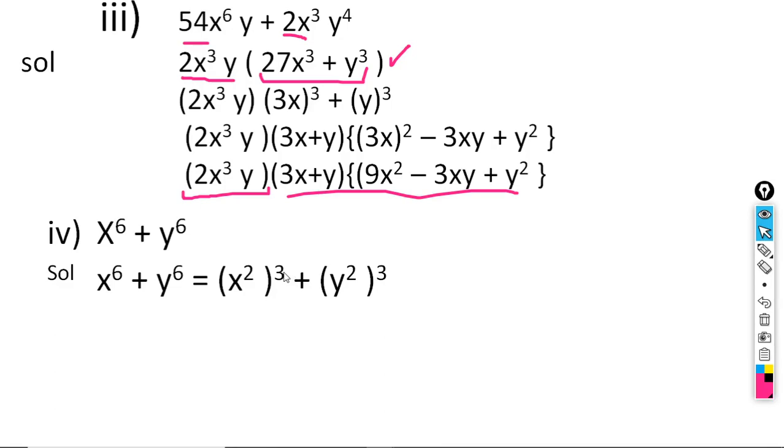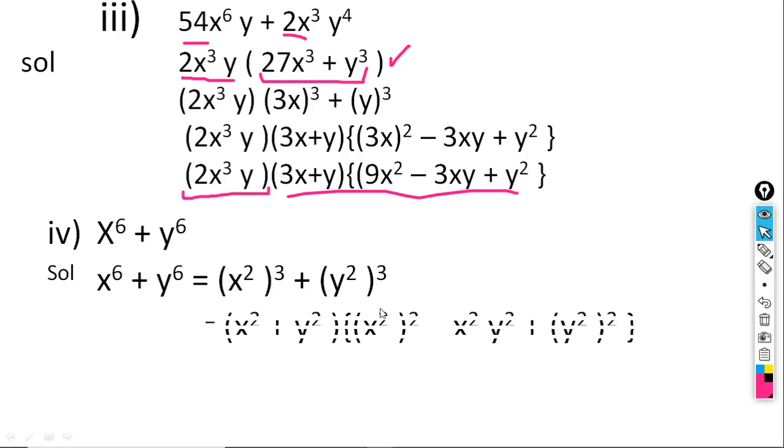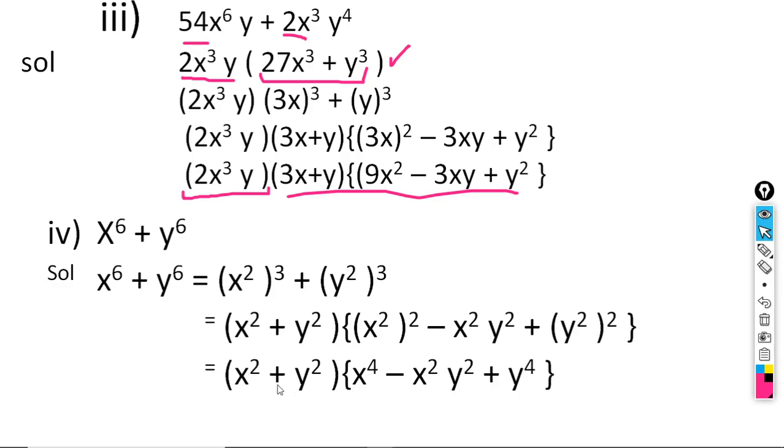When you are using identity a cube plus b cube, the exterior power has to be 3, as in this case, where a is x square and b is y square. So by using this you get x square plus y square as the a plus b first factor, then a square minus ab plus b square, and finally we get x square plus y square, x4 minus x square y square plus y raised to power 4.